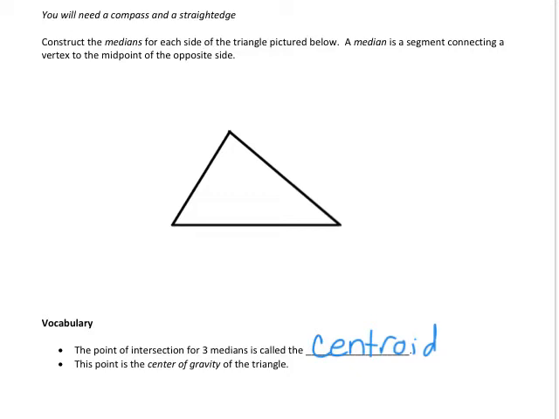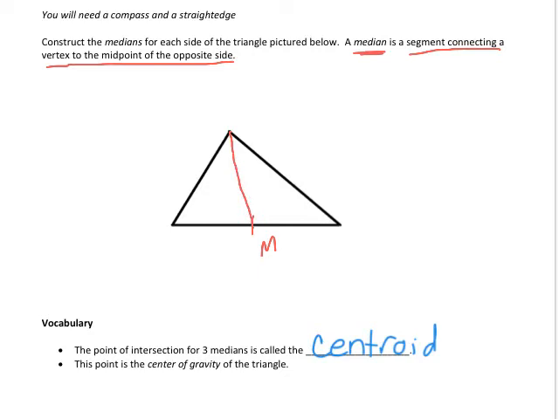Here's its definition. A median is the segment connecting a vertex to the midpoint of the opposite side. So you'll do your perpendicular bisector construction to find the midpoint of one side, and the median goes from a vertex to that midpoint.